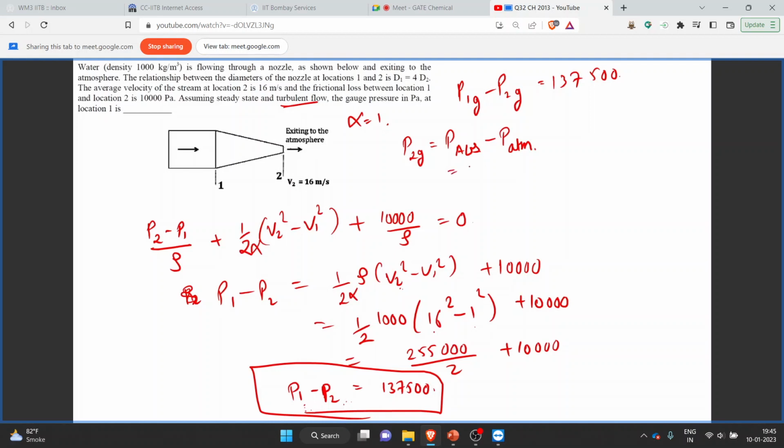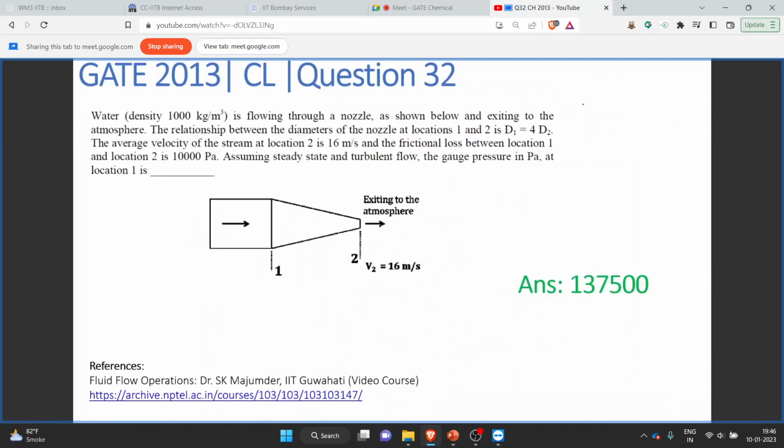So this P2 gauge will be equal to P atmospheric minus P ATM, which becomes 0. That is, we can write that P1 gauge will be simply equal to 137500. So the final answer, we can write it as 137500.